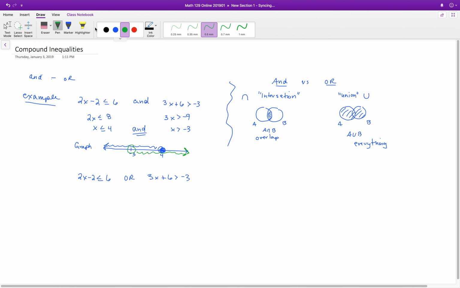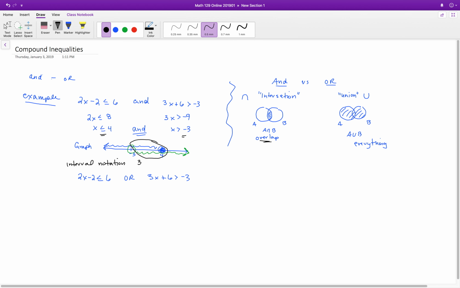So my answer in interval notation, since I'm looking at an and statement, would just be the overlap. So the elements that are in both this set and this set. So the overlap would be here.